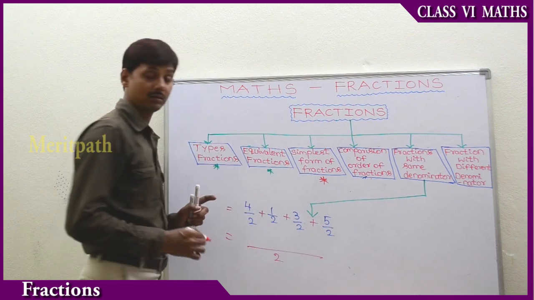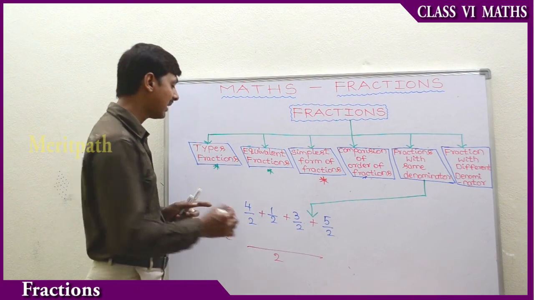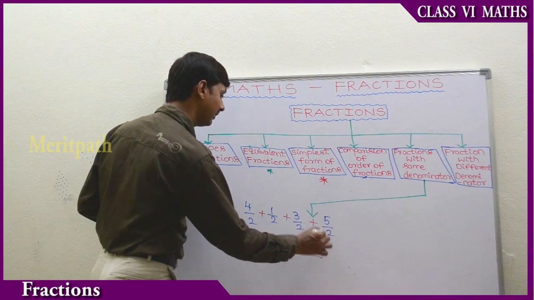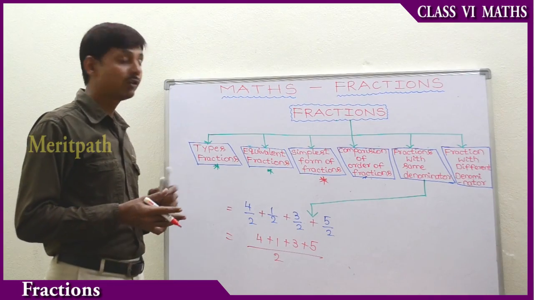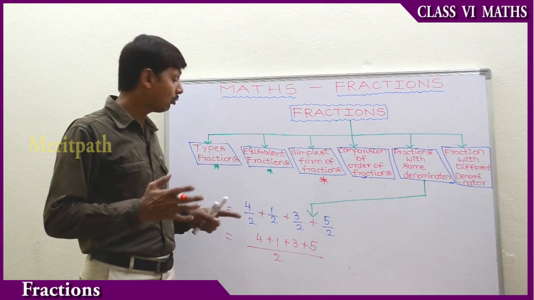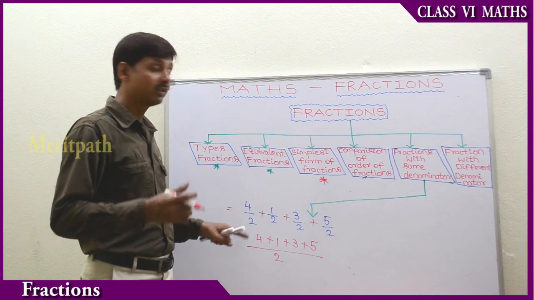2 is the denominator, and when the denominator is the same, we take the numerator parts, that is 4 plus 1 plus 3 plus 5, and we add up all the numerators. We can observe there is a denominator of 2, but we did not take 2 four times, we took it only one time.